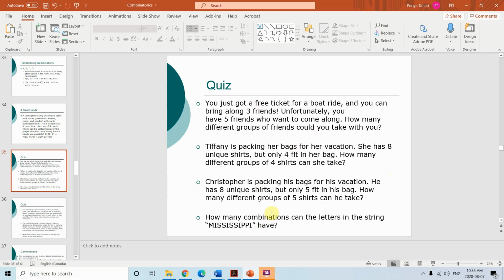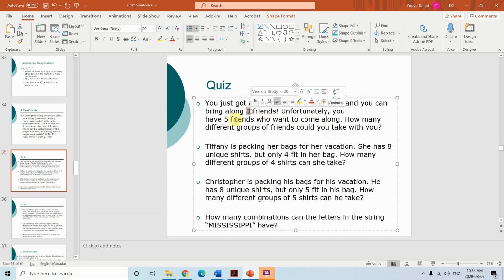Four more examples. You just got a free ticket for a boat ride and you can bring along 3 friends. Unfortunately, you have 5 friends who want to come along. How many different groups of friends could you take with you? Here, you just have to pick 3 out of 5. We don't care about the order.